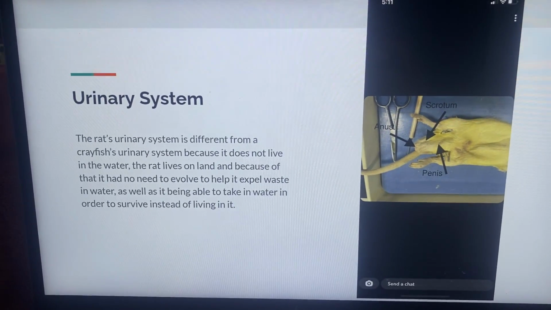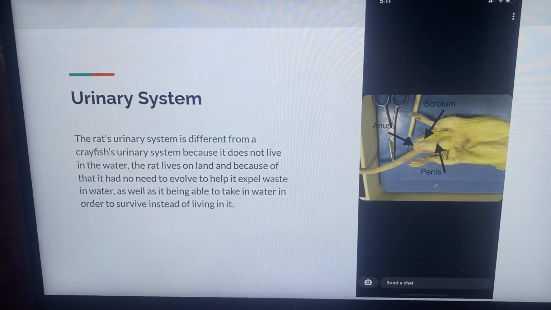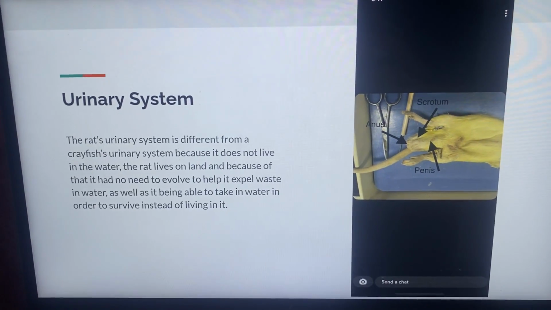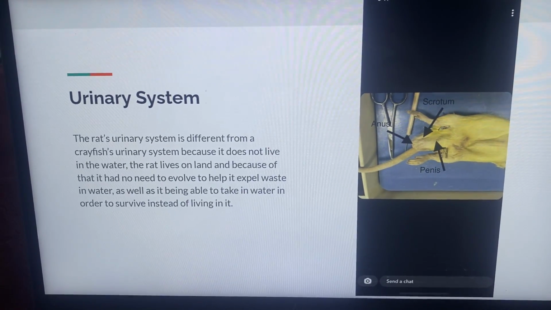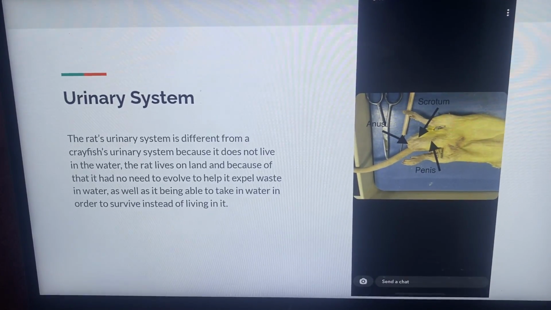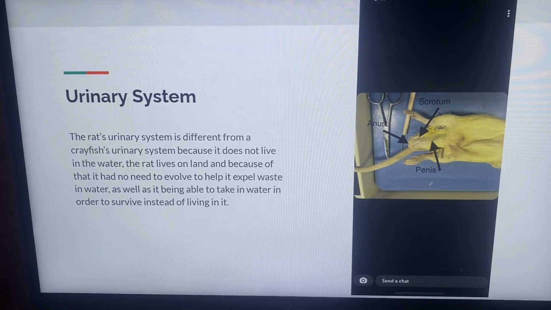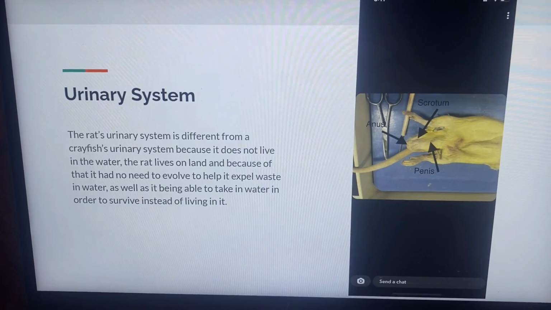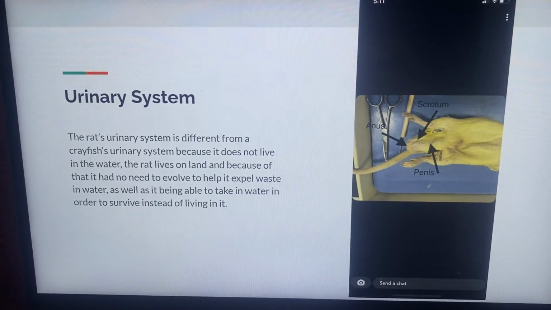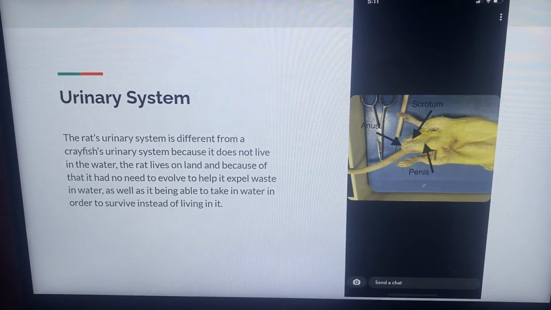The rat's urinary system is different from a crayfish's urinary system because it does not live in the water. A crayfish lives its life in water while a rat does not. The rat lives on land, and because of it, it has no need to expel waste in water while moving, as well as it being able to take in water in order to survive instead of living in it.